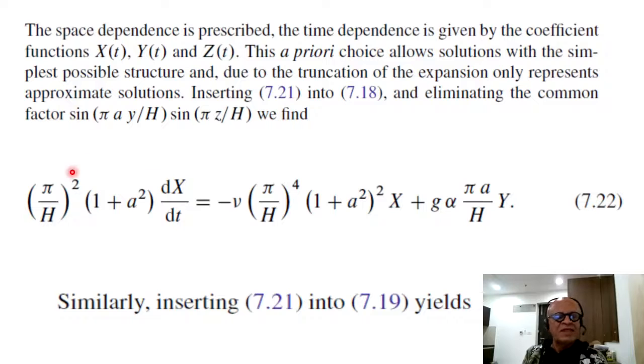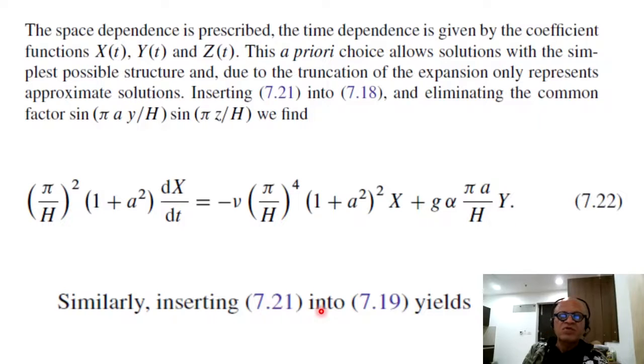A complicated derivation, but it's fun to go through it to get to the solutions. This gives us an equation that looks like this: (π/H)² (1 + a²) dX/dt is minus ν (π/H)⁴, so that's the viscous term, times (1 + a²)² times X, the time structure function, plus gαπa/H Y.